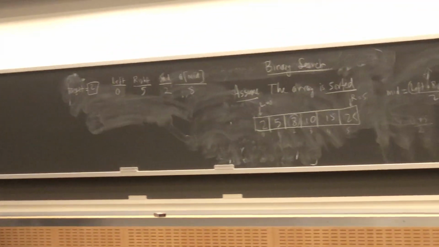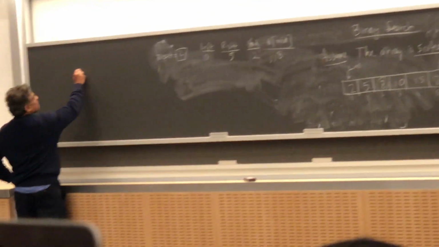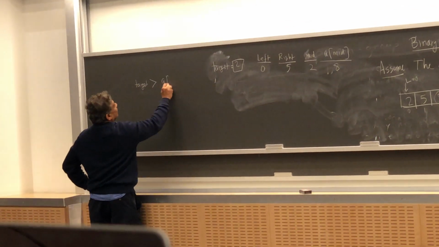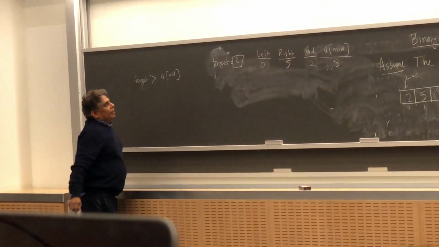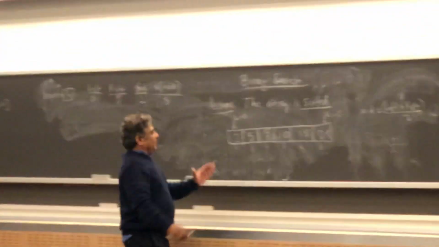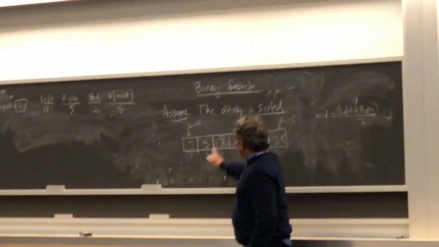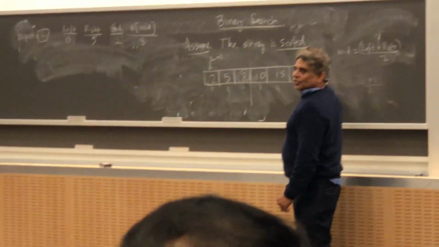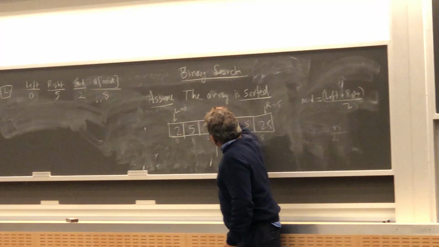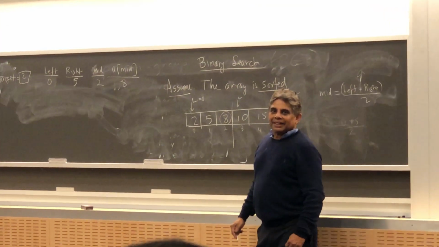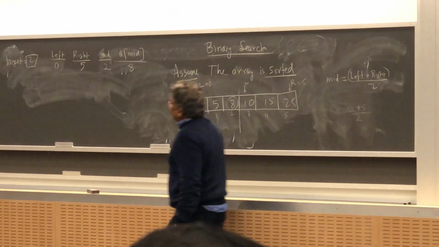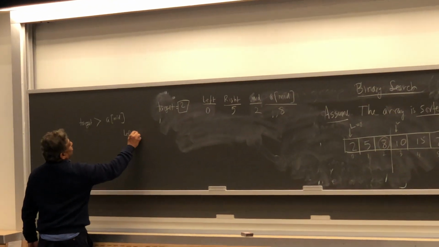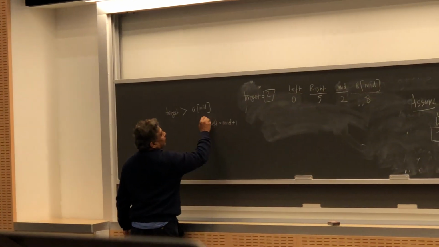Now, here's the algorithm that I'm going to be using. If the target is greater than A of mid, suppose the target is on this side. It's bigger than that, so that means I only have to look here. To do that, I will move this left pointer there, and say, if this is true, then left is going to be mid plus 1.